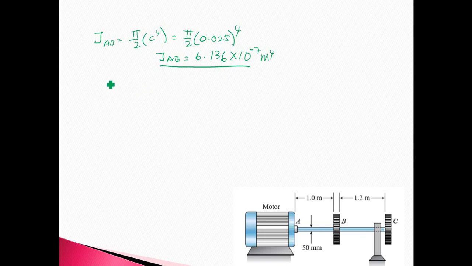Okay, so now we can straight away calculate the tau maximum, which is equal to TAB times CAB over JAB.